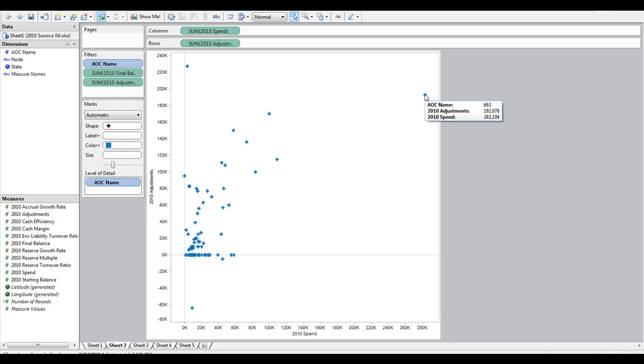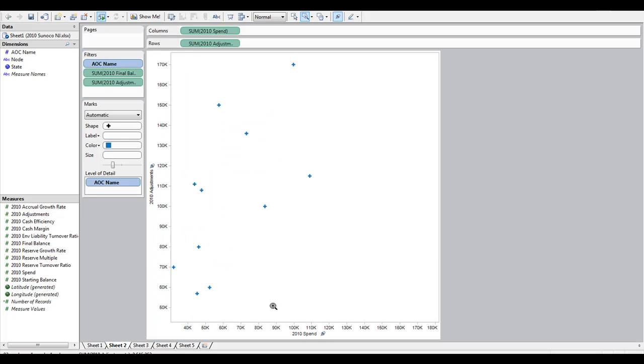These sites might warrant further assessment. If you have sites that are clustered on the scattergram, you're able to zoom in to any certain area of the chart. In this case, now I'm looking at individual sites that had spending over $40,000 during the year and accrual adjustments over $50,000.